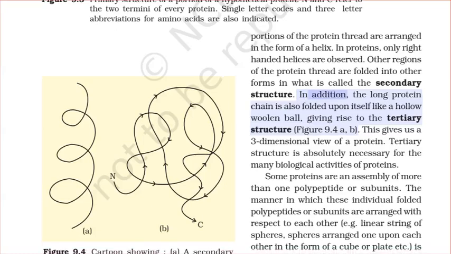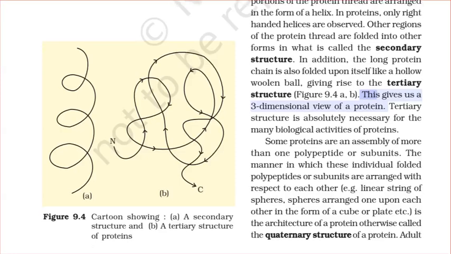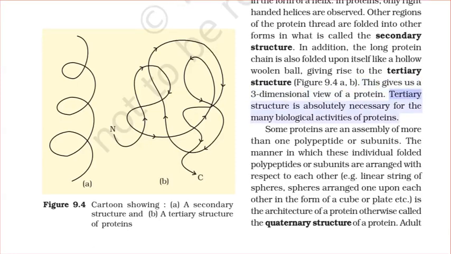In addition, the long protein chain is also folded upon itself like a hollow woolen ball, giving rise to the tertiary structure. Figure. This gives us a three-dimensional view of a protein. Tertiary structure is absolutely necessary for the many biological activities of proteins.